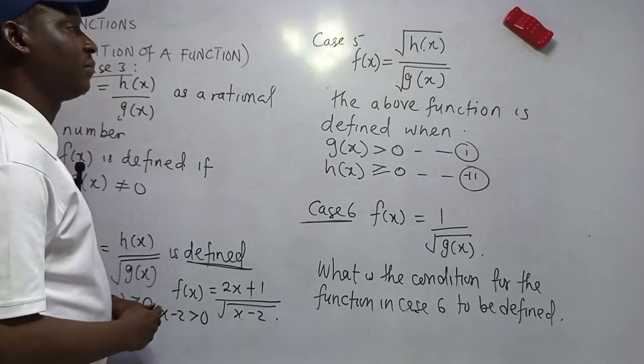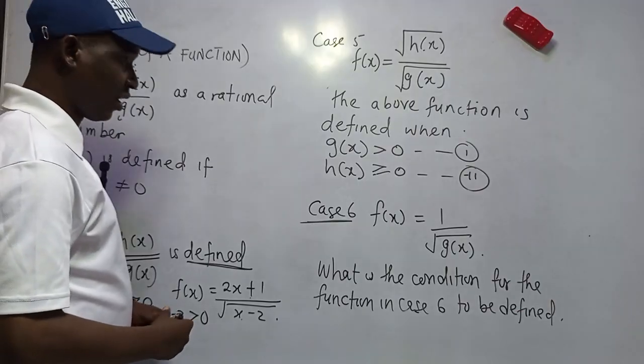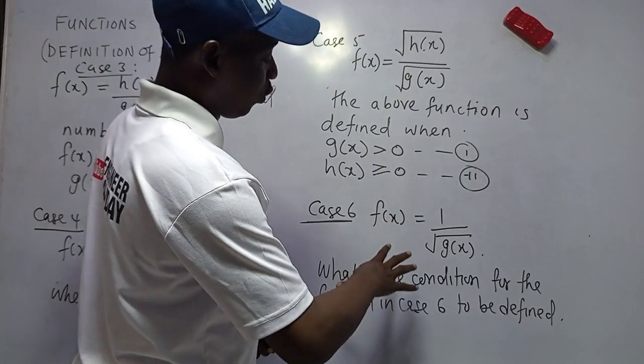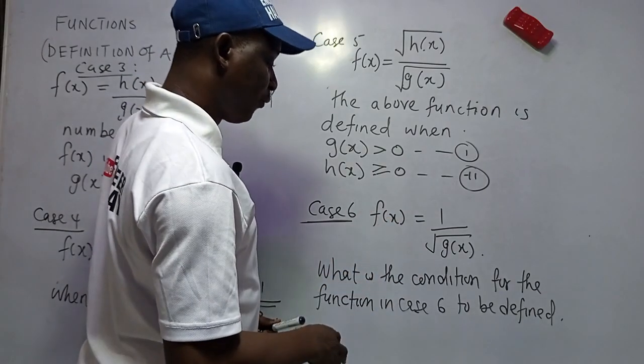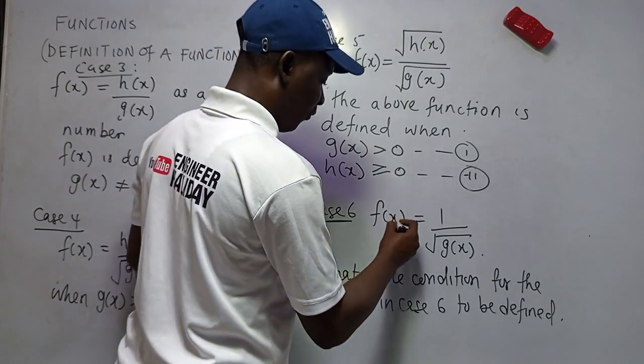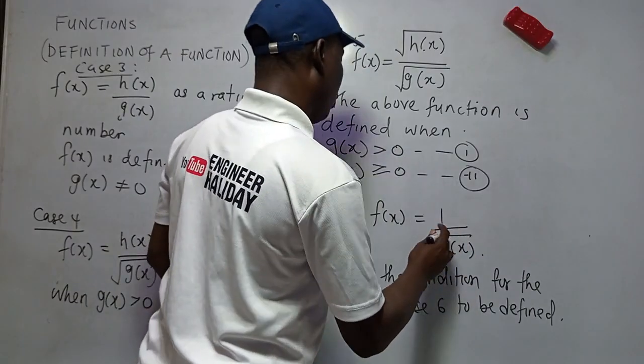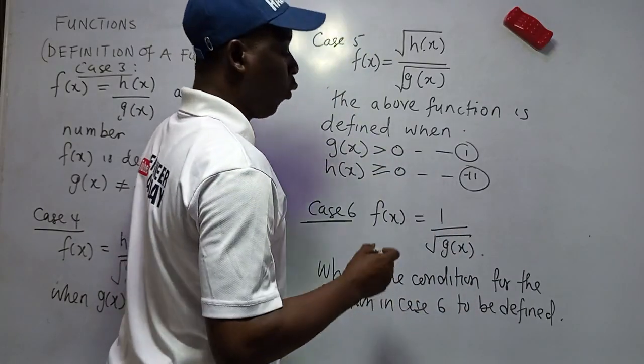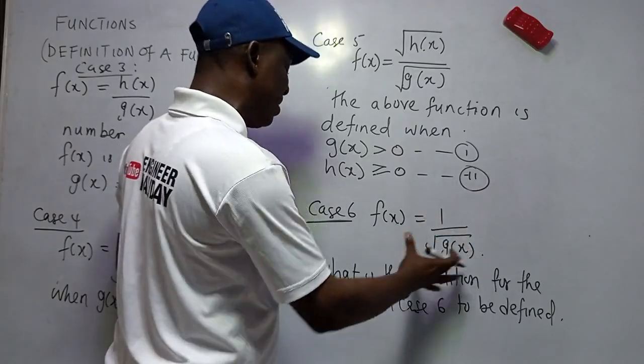So that is one of the questions I want to ask you. What is the condition for the function in this case to be defined? If you are given f of s equals 1 over square root of g of s, what will make this function to be defined?